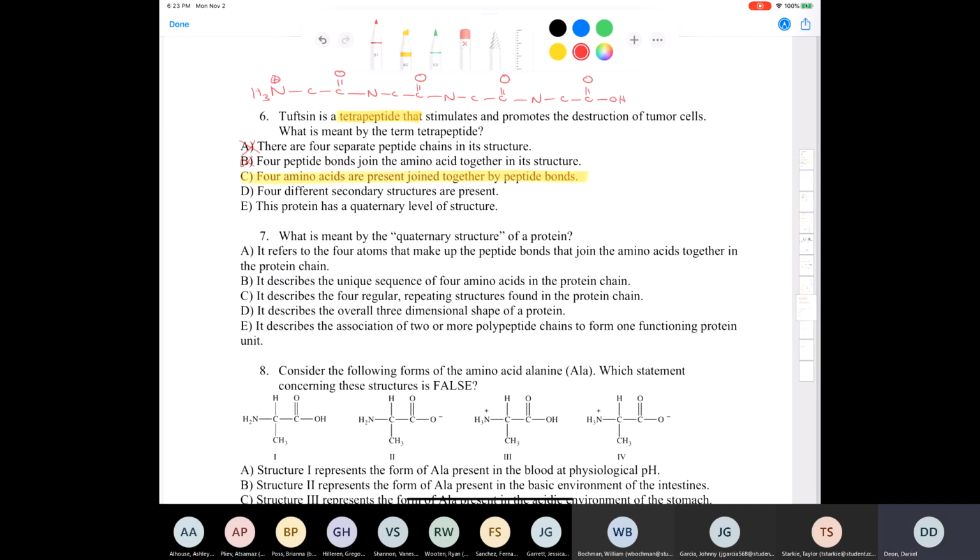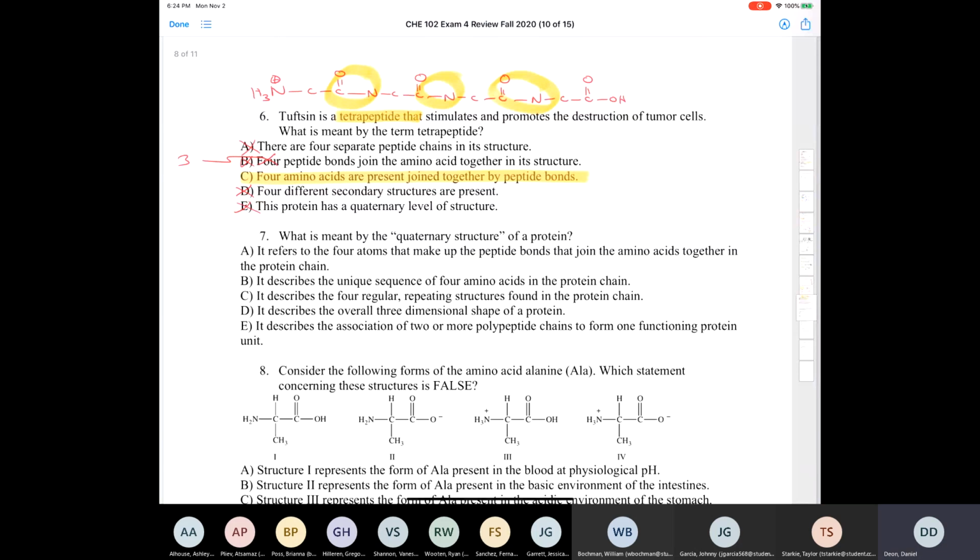How many peptide bonds are there in a tetrapeptide? 1, 2, 3. There's only 3 peptide bonds in a tetrapeptide, right? The 4 different secondary structures are present. No, it's got nothing to do with it. This protein has quaternary level. No, it's got nothing to do with it. So the answer is C.